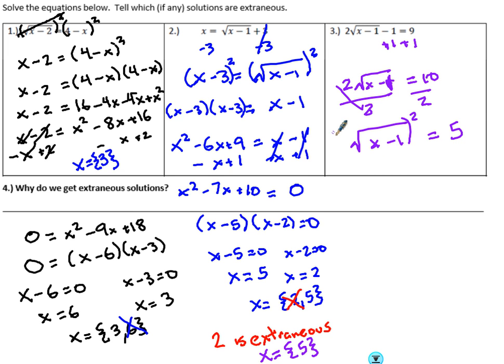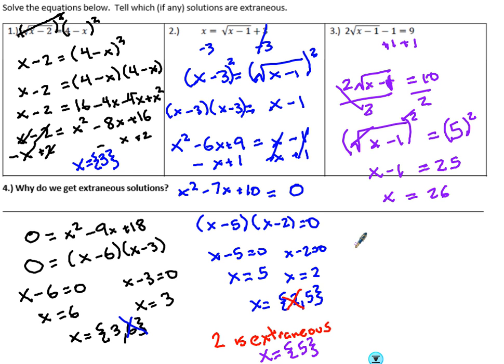Squaring both sides, we get x minus 1 equals 25. X equals 26.